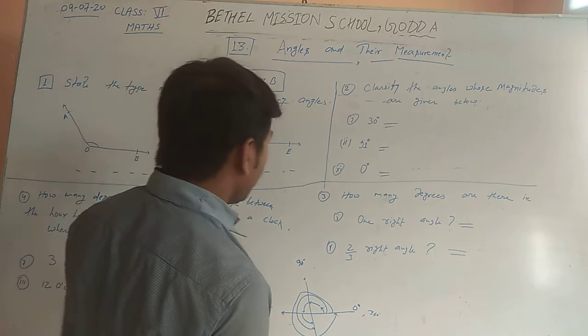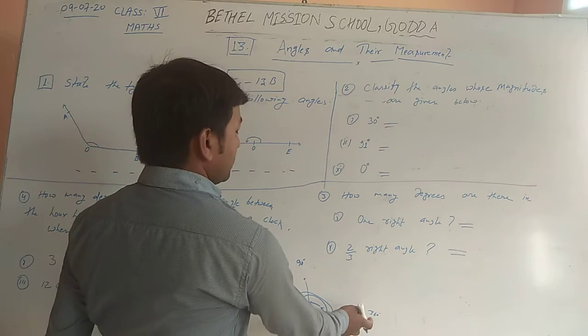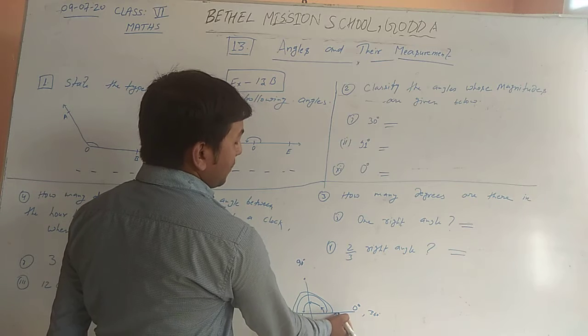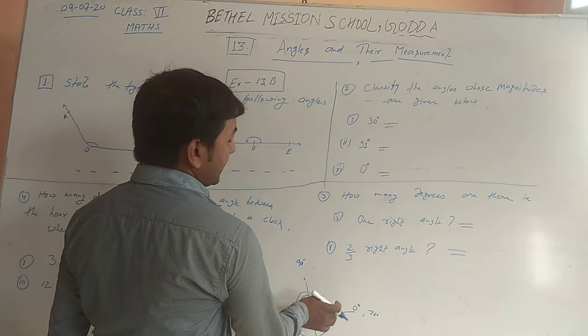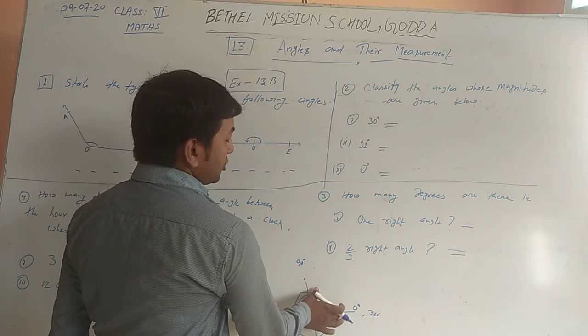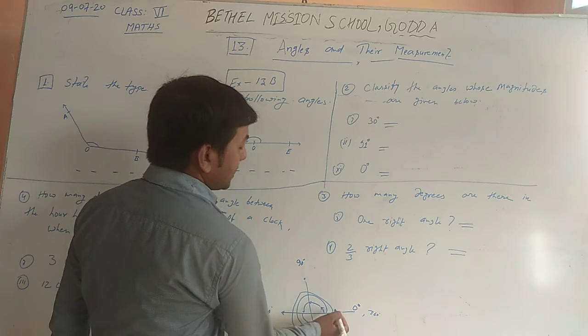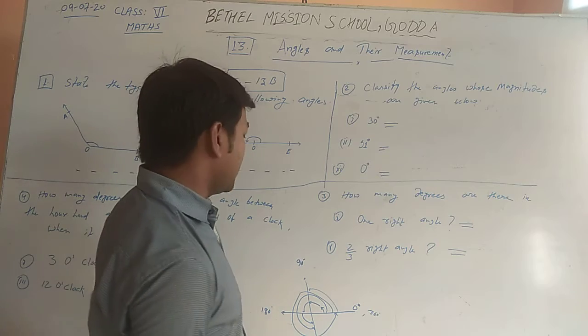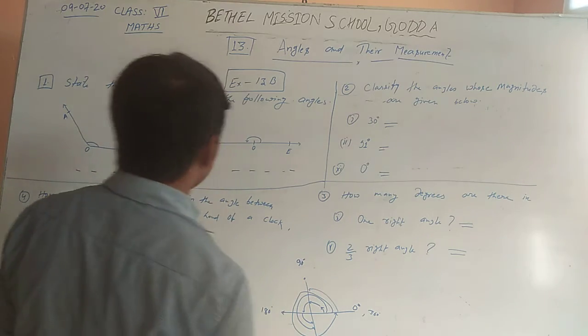And the names: when you don't move, it is 0 degree. When you move 0 to 90 degree, that is a right angle, but when you move less than 90 degree, this is called an acute angle.